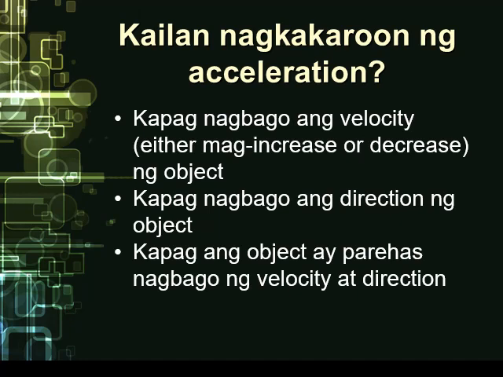Kunwari, dati 17 knots ang velocity mo, and then ang direction mo, let's say, is north. And then, nag-turn ka, let's say, sa west, at nagbago ka rin ng velocity. So, let's say from 17 knots, naging 15 knots na lang, so 15 knots west. So, sa case na yun, parehas nagbago yung velocity mo at yung direction. Kaya, pwede nating sabihin na magkaroon ka doon ng acceleration.